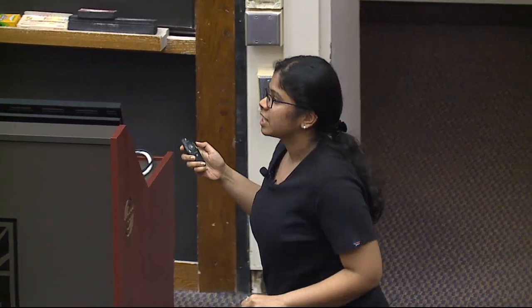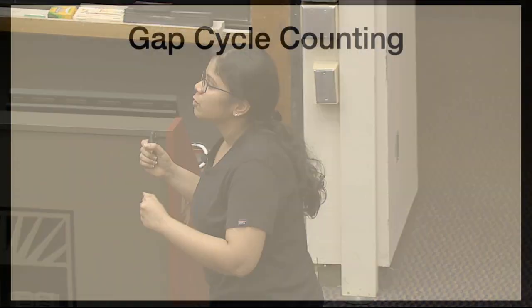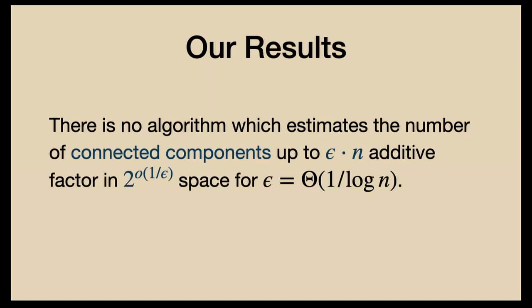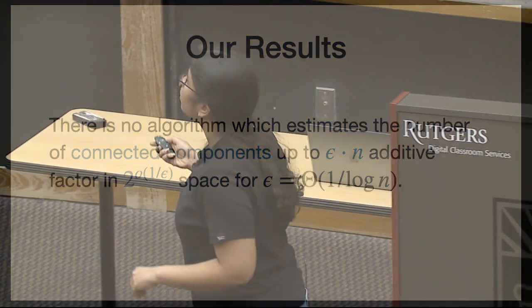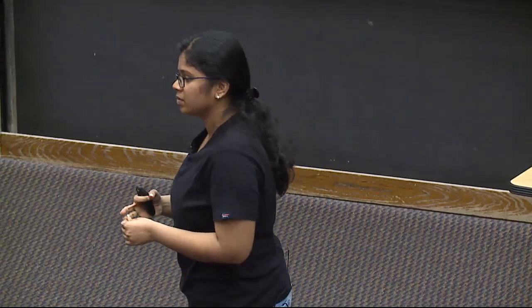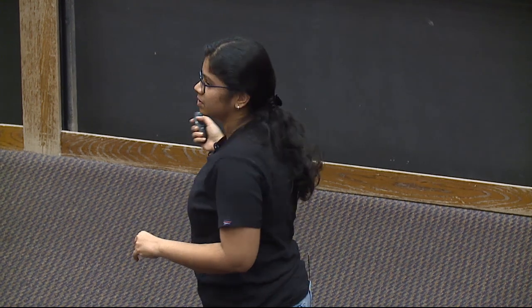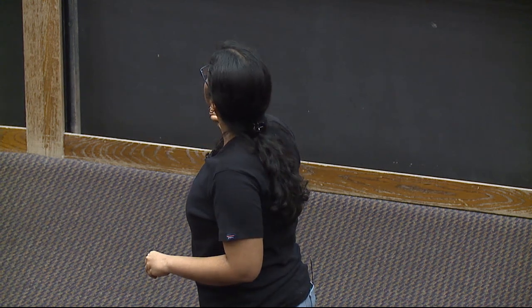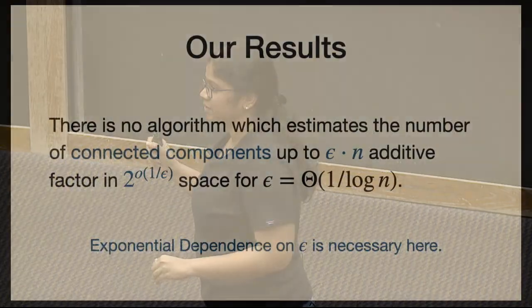Okay, so let's keep going. The main tool we use here is something called gap cycle counting. Sorry, did you have a question? I may be confused about how to parse this. What would be a good particular space I should be thinking about, for some particular epsilon, say it's exactly 1 over log n? Yes, you can just think of epsilon to be exactly 1 over log n. And then what kind of space are you getting? This will be omega of n.